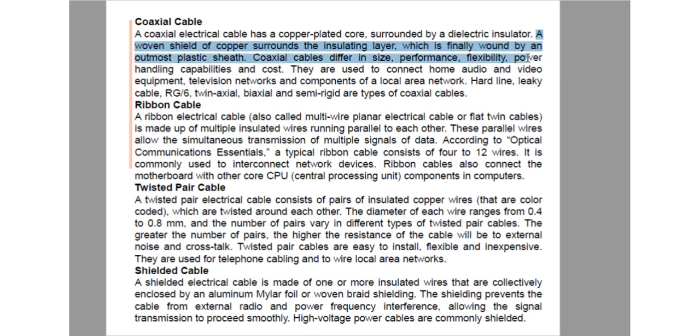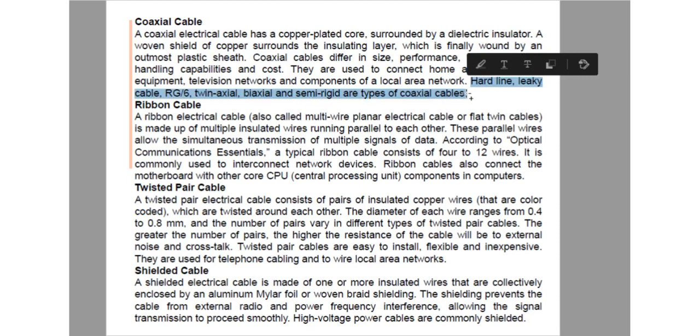Coaxial cables differ in size, performance, flexibility, power handling capacities and cost. They are used to connect home audio and video equipment, television networks and components of a local area network. The hardline, leaky cable, RG6, twin axial and semi-rigid are the types of coaxial cable.